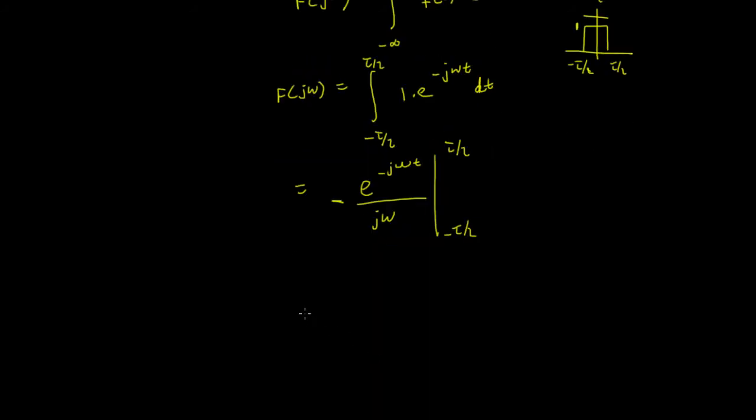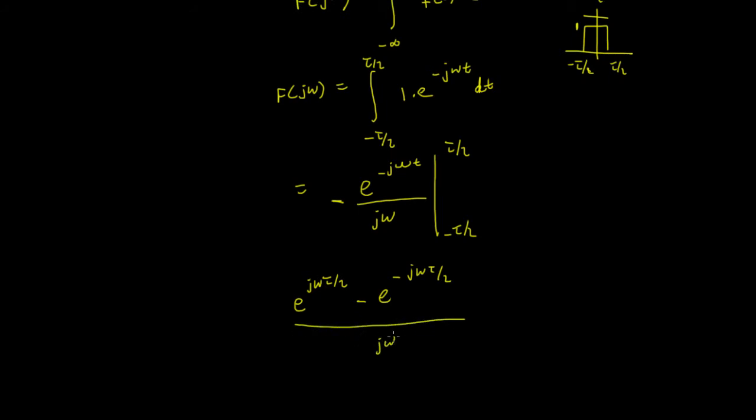If you work through that, it's going to give you e to the j omega tau by 2 minus e to the minus j omega tau by 2. Again, I went through this derivation when we did the Fourier series, the complex version, so the derivation is almost the same.